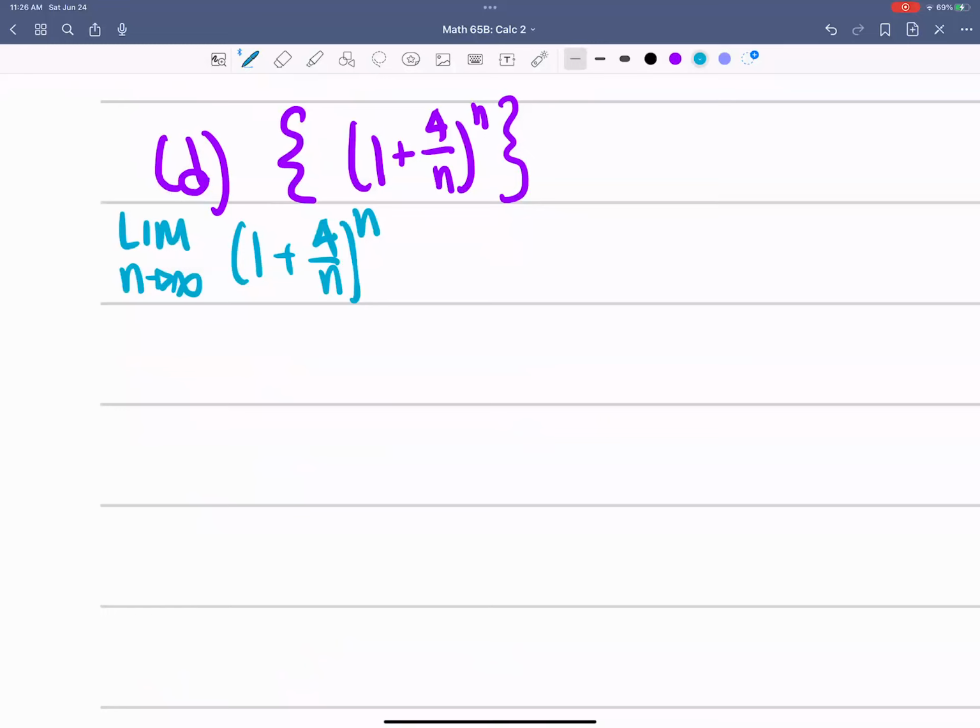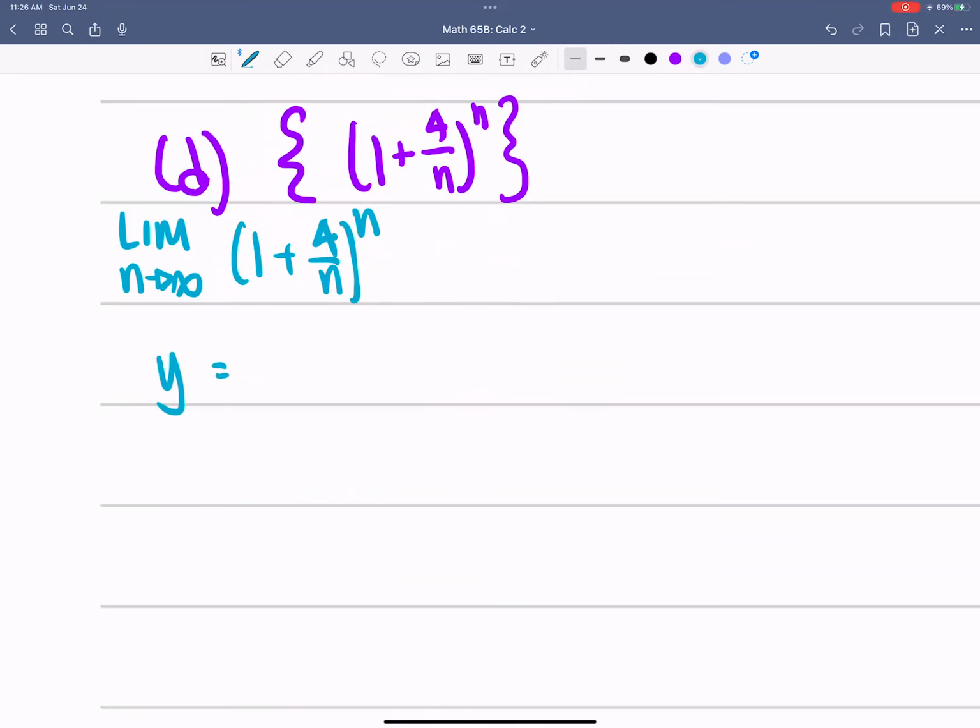What we could do is let this sequence be y. So let y equal this, because we have this exponent. One way that we could bring the exponent down to evaluate it is to turn it into a log, because exponents come down as coefficients.